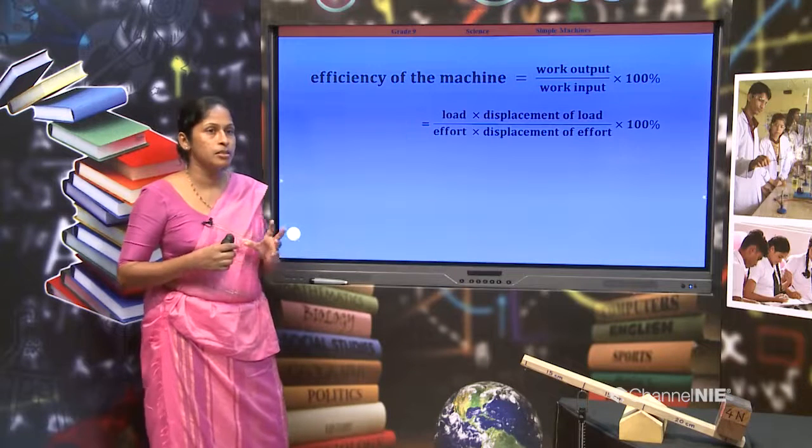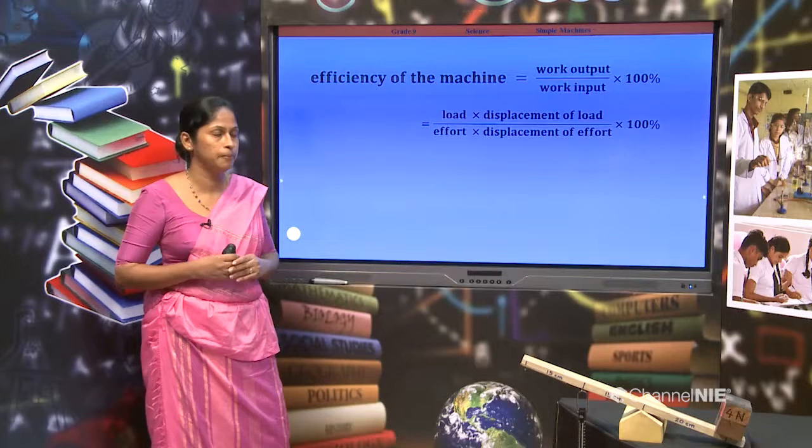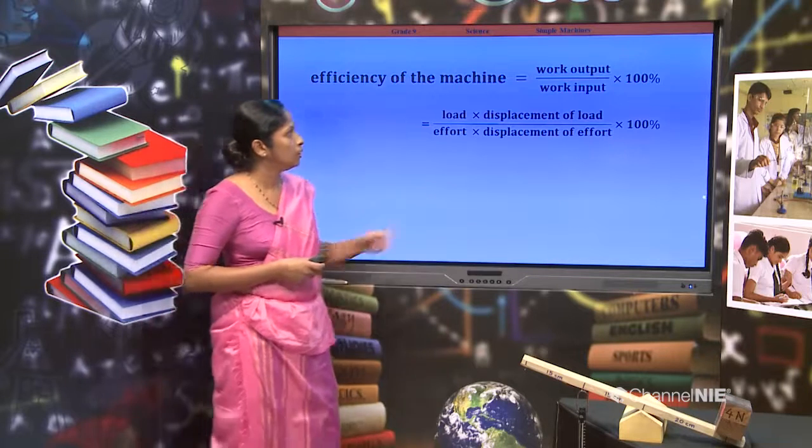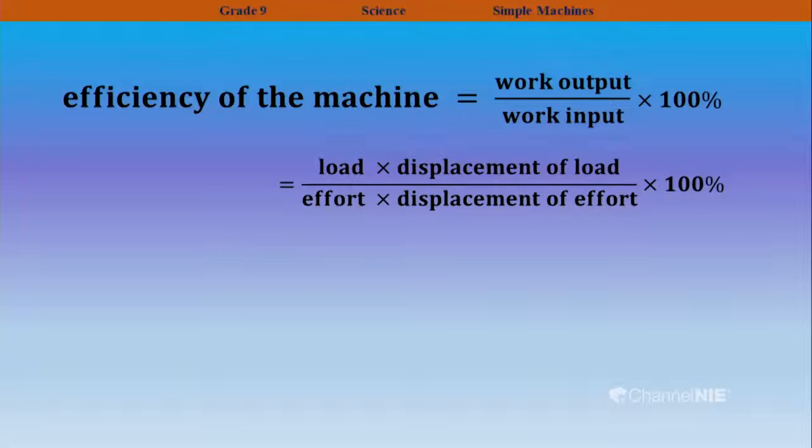Now, let us find out another different way to calculate efficiency of the machine. I told you earlier, efficiency of the machine is work output divided by work input multiplied by 100%. This work output was calculated by load multiplied by displacement of load, and work input was calculated by effort multiplied by displacement of effort.